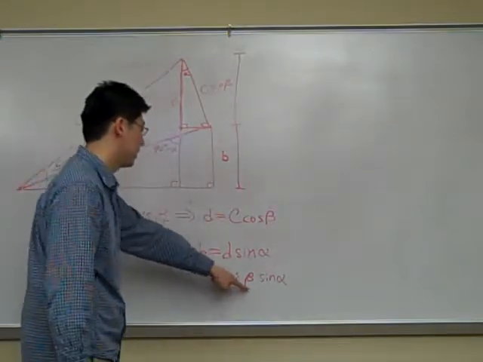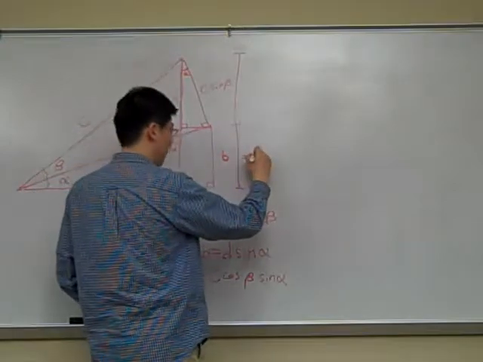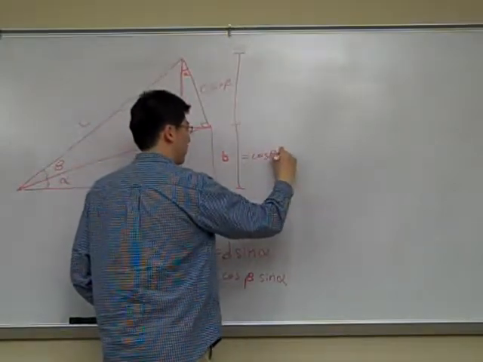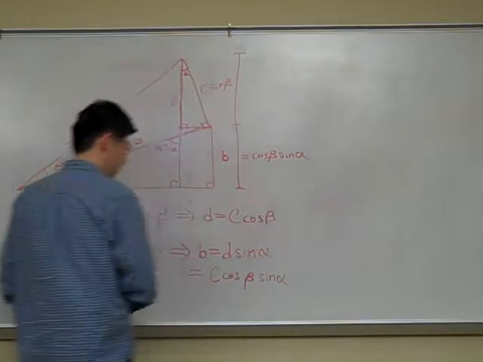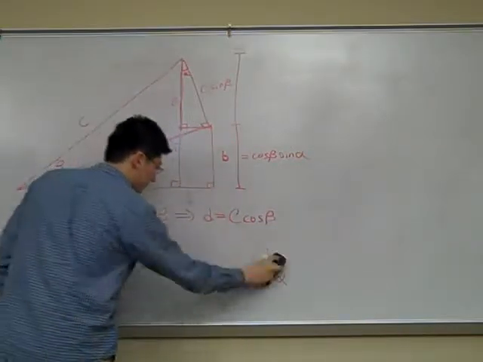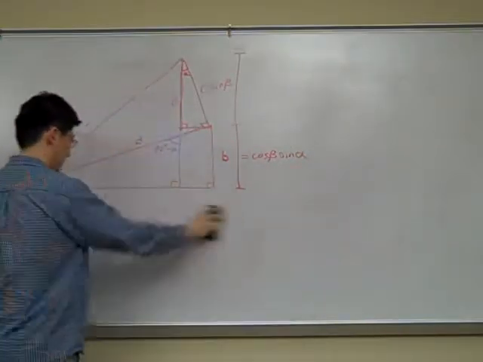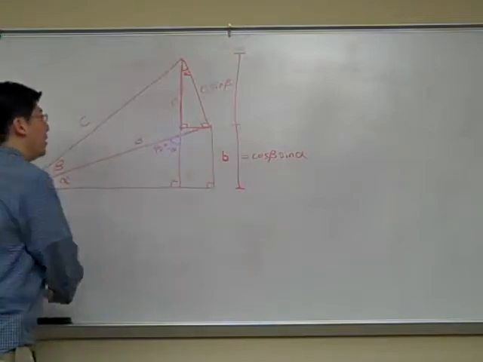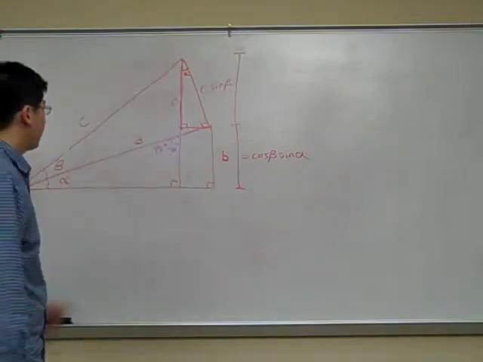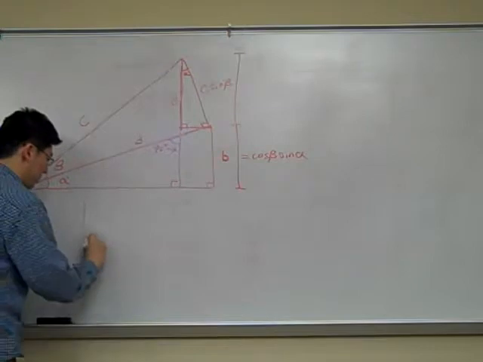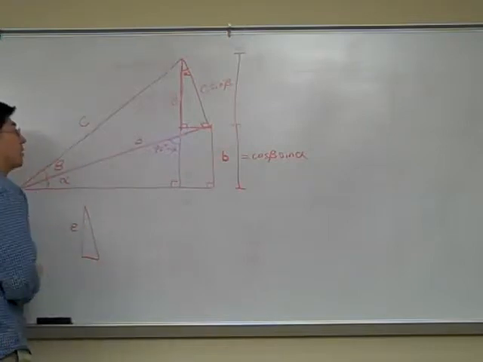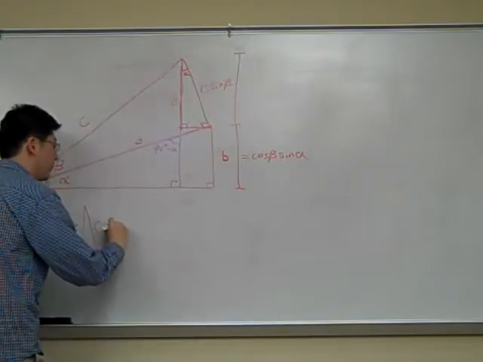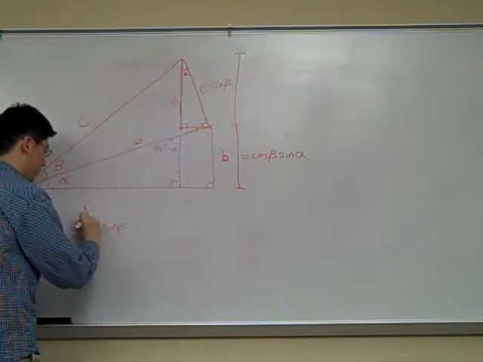So B was c cosine beta sine alpha. Okay, so now here we have E, we have c sine beta, and we have alpha.